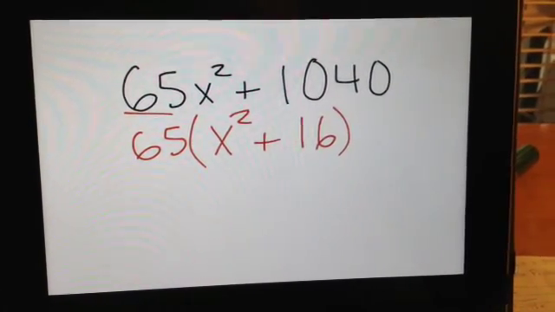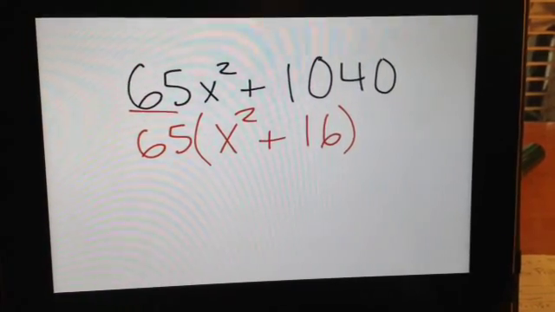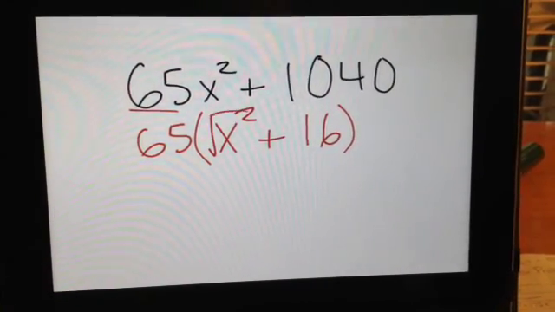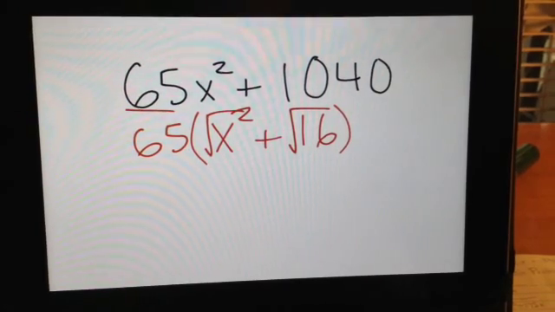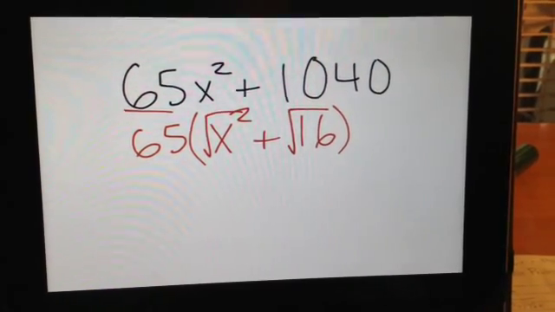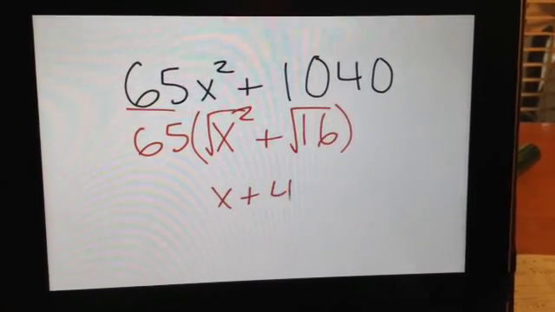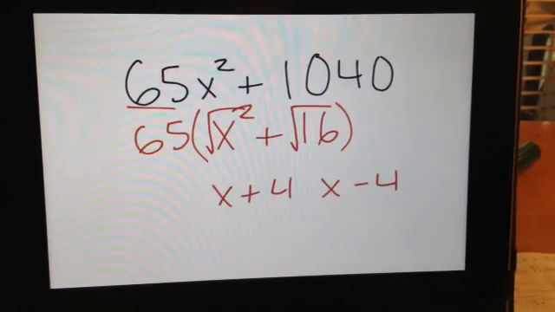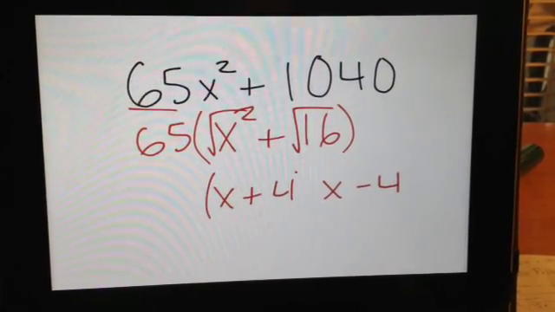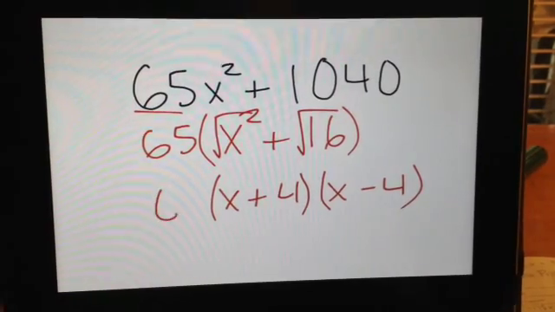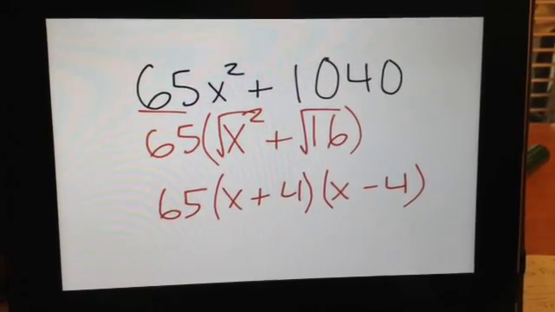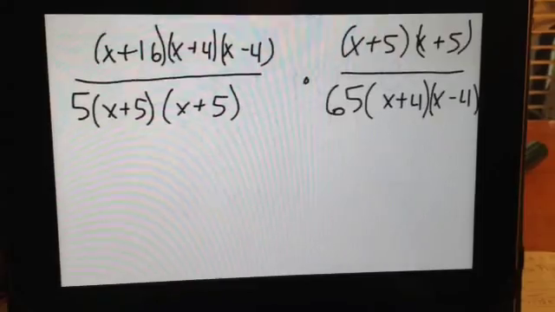Put that in there. But now we can factor this out even more. And let's take the square root of both of these things here. Then we get x plus 4 and x minus 4. And then bring down the greatest common factor. And now let's put that one in.